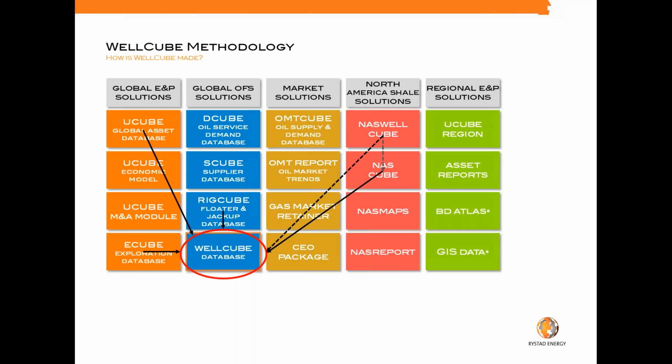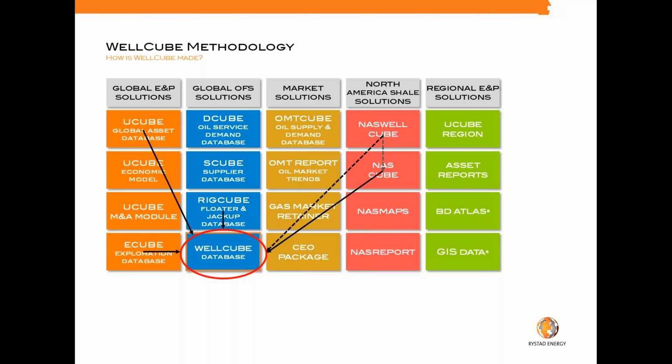This information is fed from several other cubes in the Rystad Energy universe. For instance, exploration wells are derived from the E-cube, which you see under the global E&P solutions.